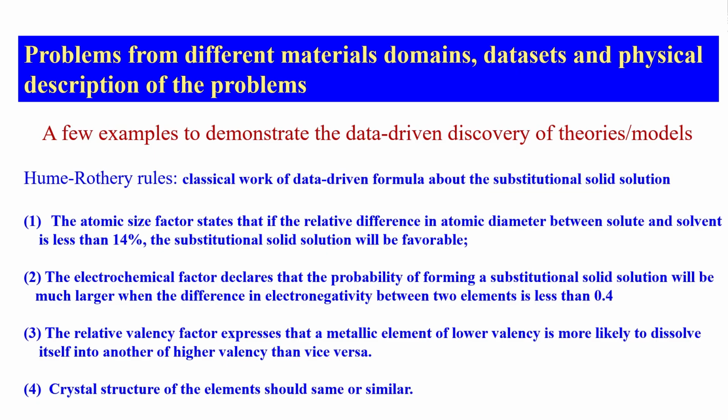We know these aspects, which were described by Hume-Rothery almost 100 years ago, can be obtained by data driven discovery, because you have a lot of data from solid solution formations. You can easily analyze it and make a model out of it and find out that these features, like atomic size difference, electronegativity, valency and crystal structure, are the 4 factors that will dictate solution formation.